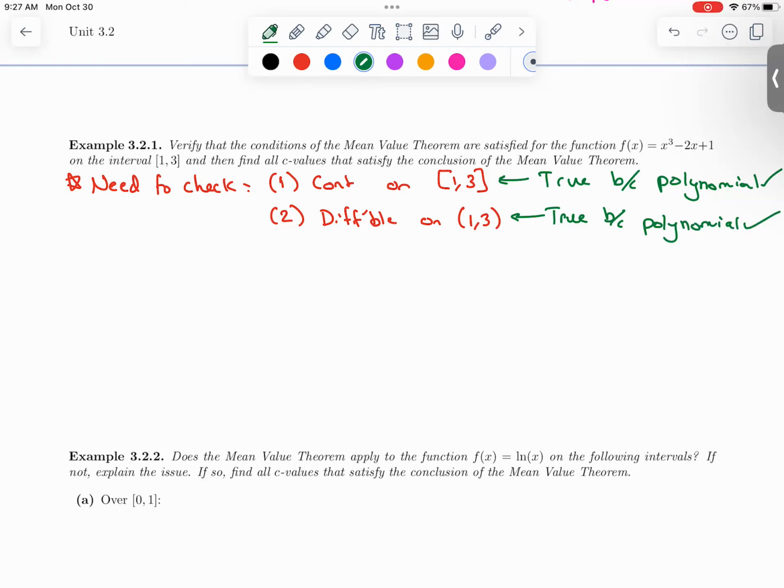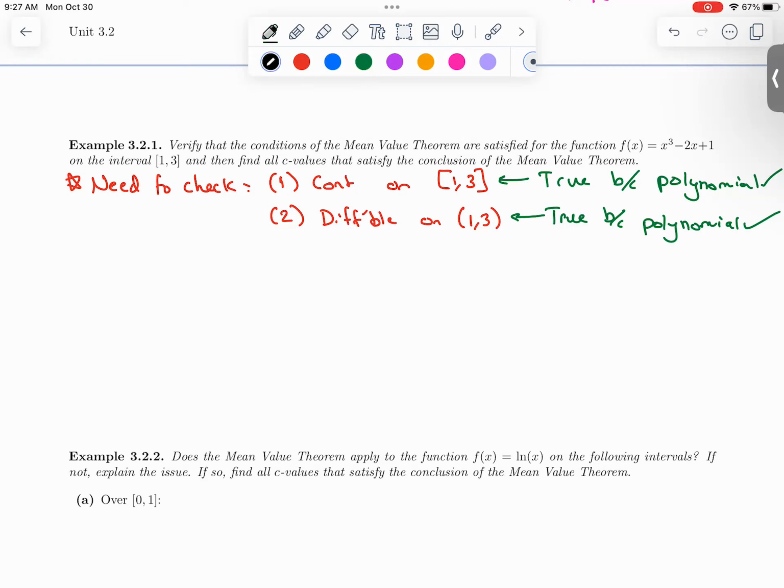Any questions on that? Both those things are true because it's a polynomial. Therefore, the mean value theorem does apply. Those are the two conditions that need to be satisfied for the mean value theorem.